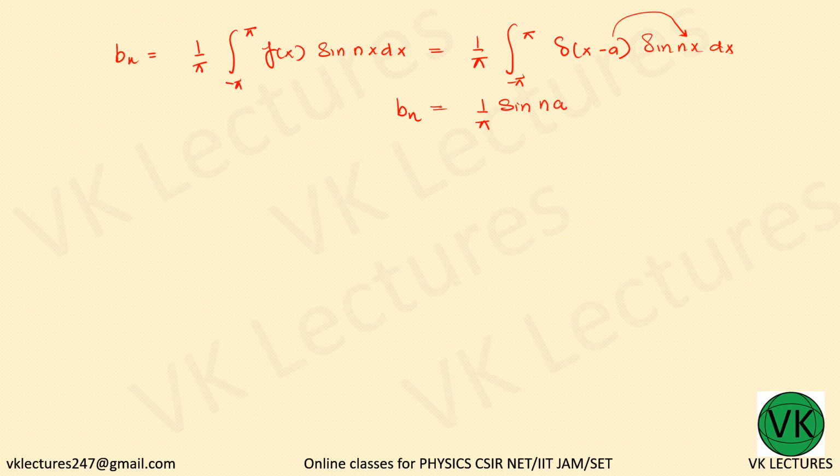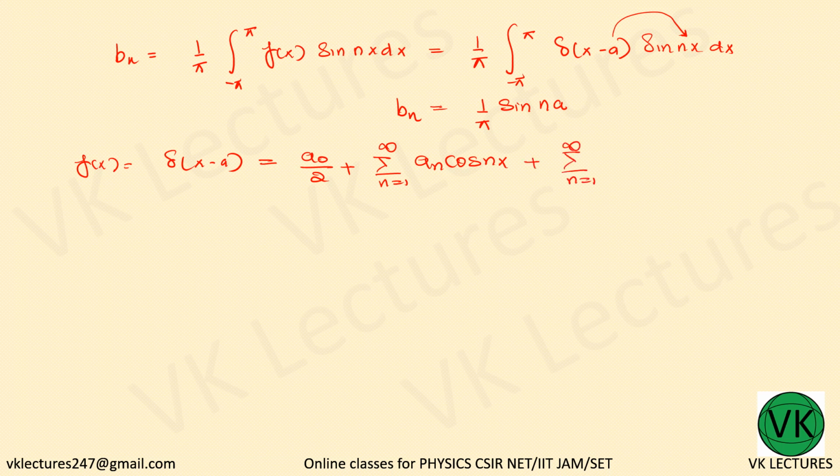So we have the function f of x equal to delta of x minus a equal to a naught by 2 plus sum over n equal to 1 to infinity an cos nx plus sum over n equal to 1 to infinity bn sin nx.